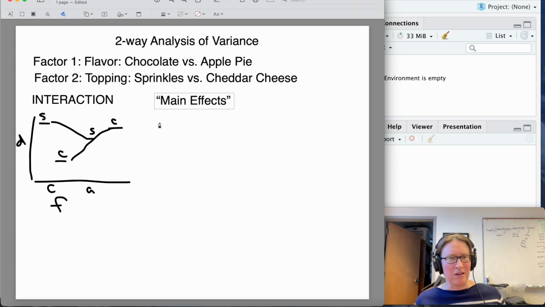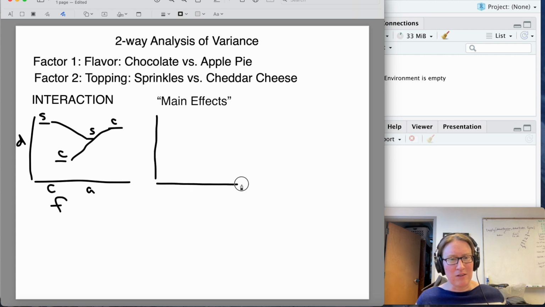So for evaluating a main effect, essentially at this stage, we're looking to see, is chocolate more delicious than apple? Are sprinkles more delicious than cheddar cheese? So that might be a scenario that looks something closer to this, right? So maybe chocolate ice cream is always more delicious, regardless of the topping, right? So here's chocolate, here's apple, right? And apple, even when you add cheddar cheese, right, it's not nearly as delicious, right?